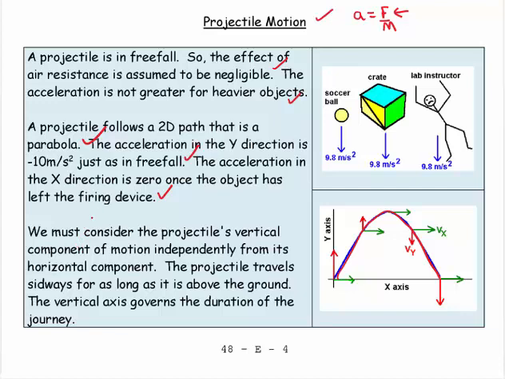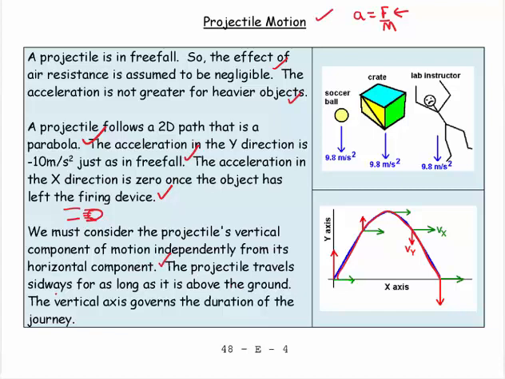And it turns out that the object, once it's free of the firing device, just coasts sideways with no acceleration. We must consider the projectile's vertical component of motion independently from its horizontal component. So we work vertical axis, horizontal axis in these things, both independently.